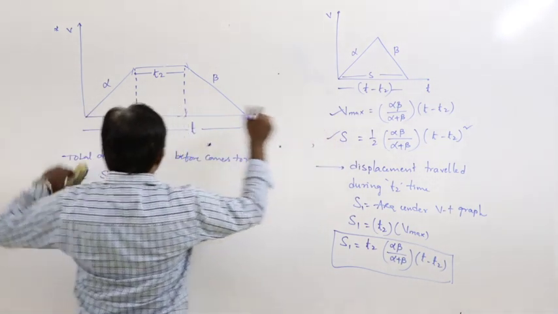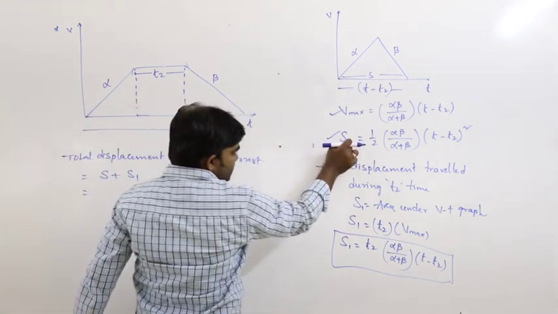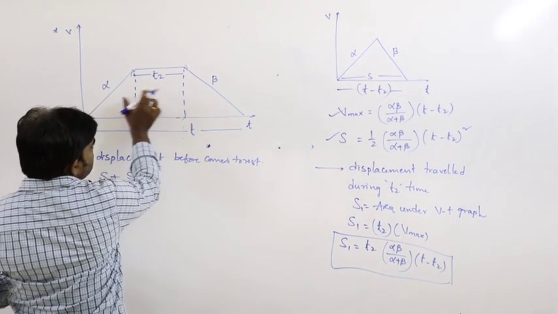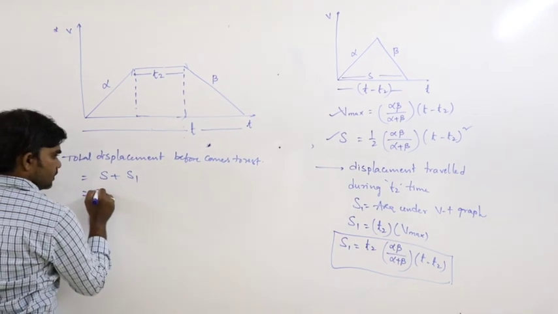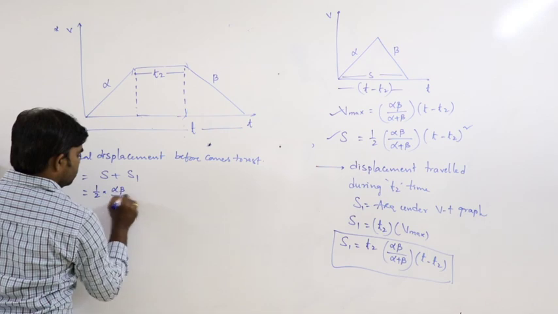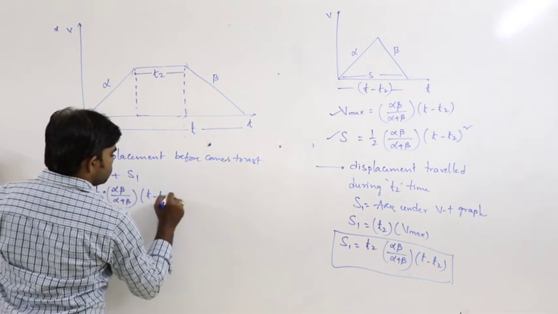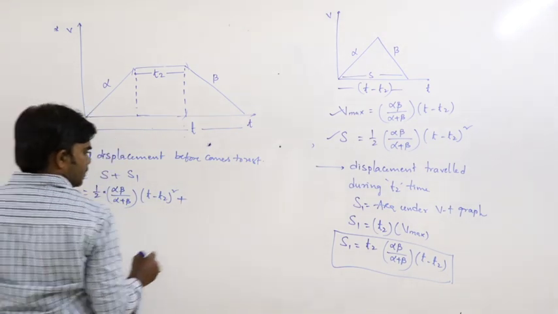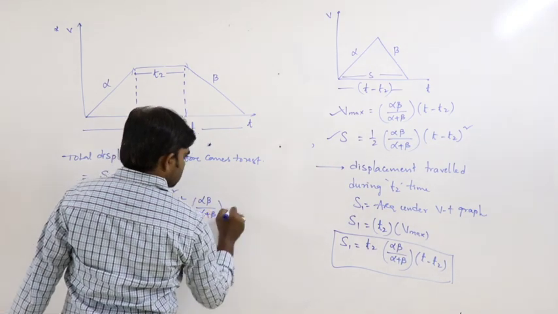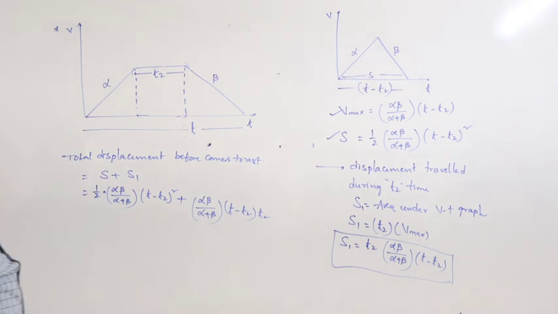So this is the displacement during this period and this period. This and this, the total displacement. Now the total displacement means this one plus this: half into alpha beta by alpha plus beta into T minus T2 whole square, plus alpha beta by alpha plus beta into T minus T2 into T2. That is the situation.